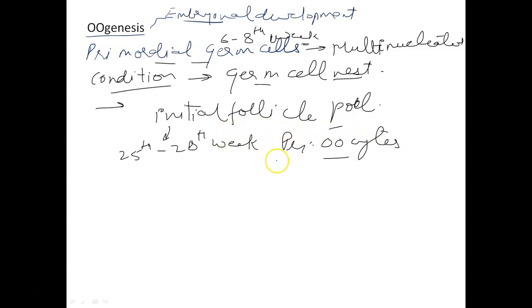The primary oocyte then enters into oogenesis, that is the formation of the egg. So we'll start with oocytes, right? I told you that the oocyte is already formed at that time; somewhere it is written 21st to 25th week, somewhere 28th week.